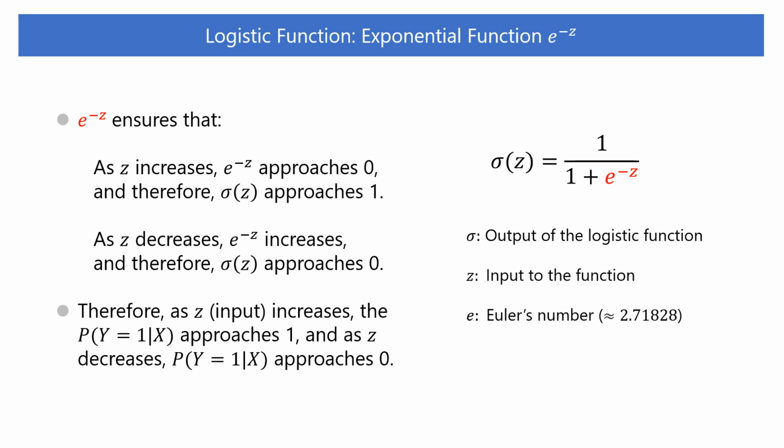Conversely, as z decreases, the output of the exponential function increases, and therefore, the output of the logistic function approaches 0. This means that as z, the input value, increases, the probability of occurrence approaches 1. And as z decreases, the probability of occurrence approaches 0.